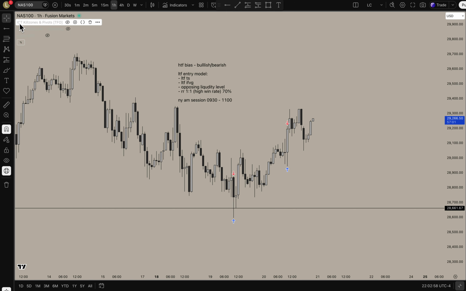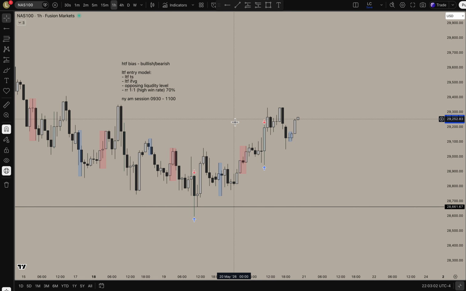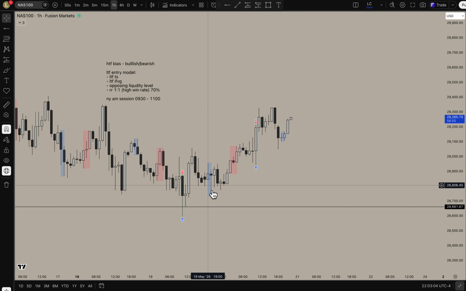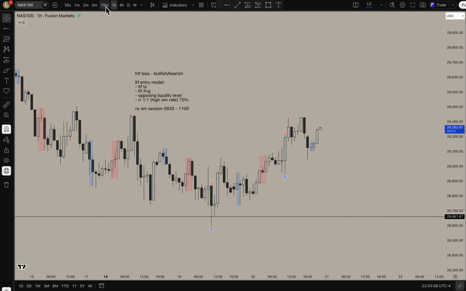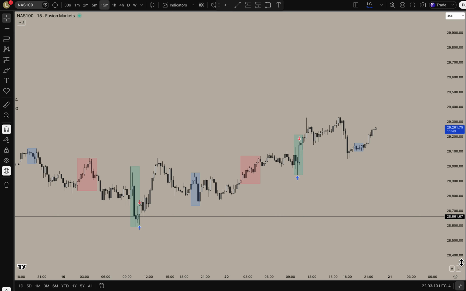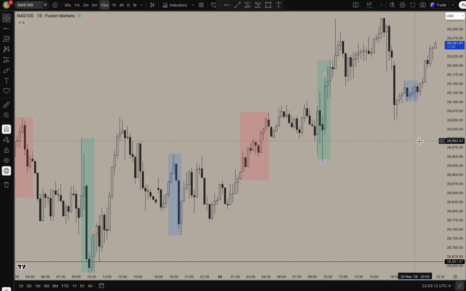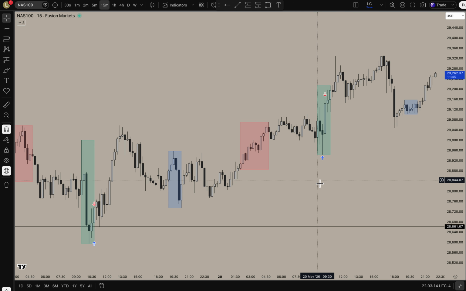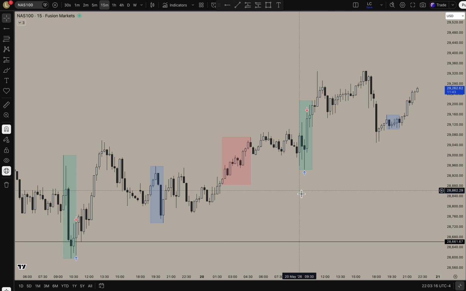So if I was to bring up my time zone kill zones indicator, you can see the blue one is Asia, the pink one is Europe, and the green one is New York. So you can see here 9:30 starts here. That's when the indicator starts and it ends around 11.